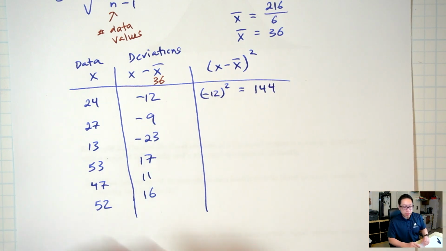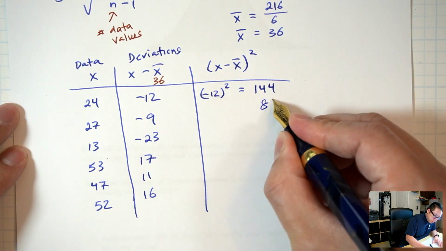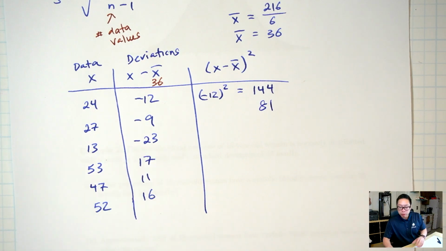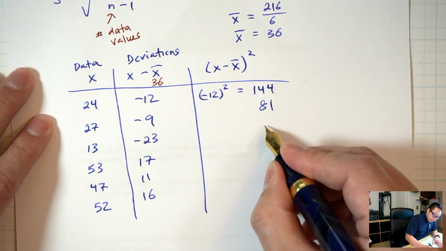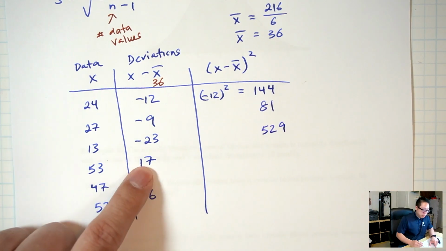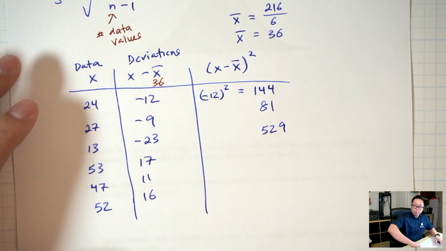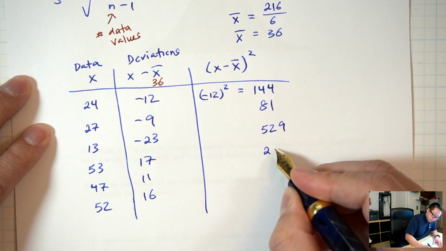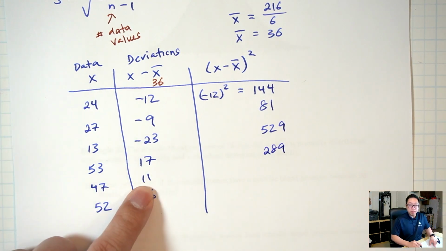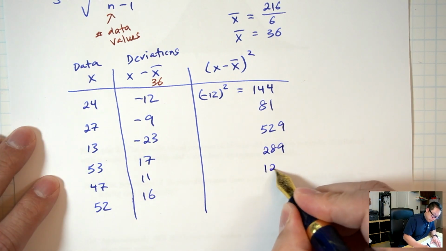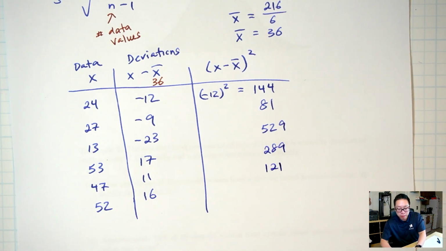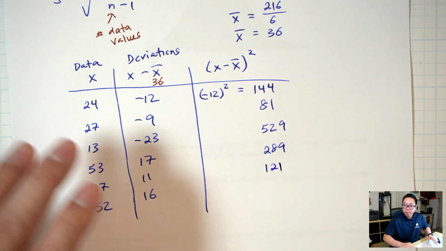Negative 9 times negative 9, I know, is 81. Negative 23 squared, so negative 23 times negative 23, positive 529. 17 squared, 289. 11 squared, I think it's 121. 16 squared, 256.